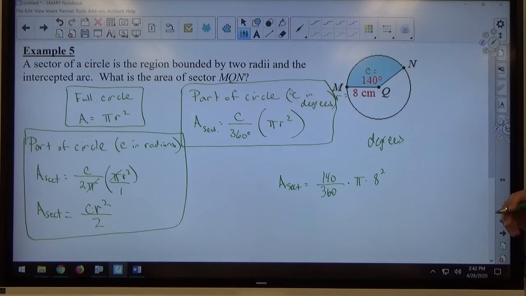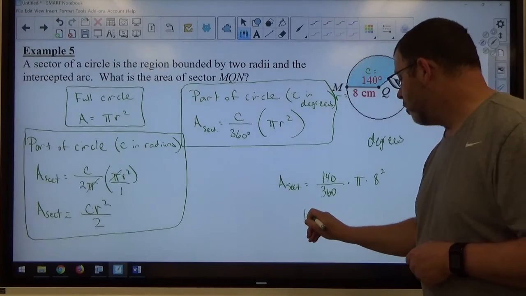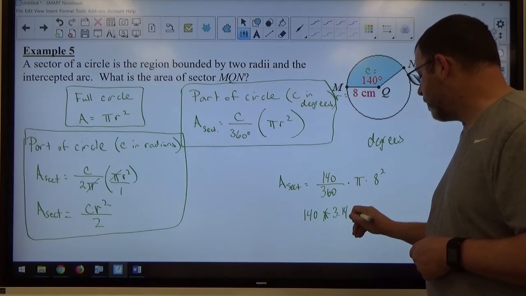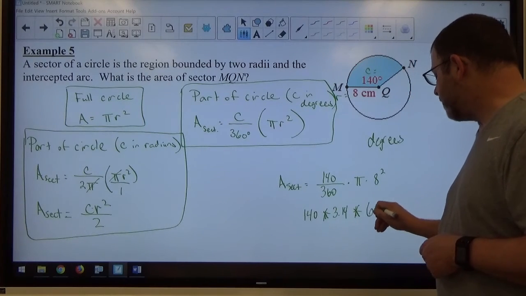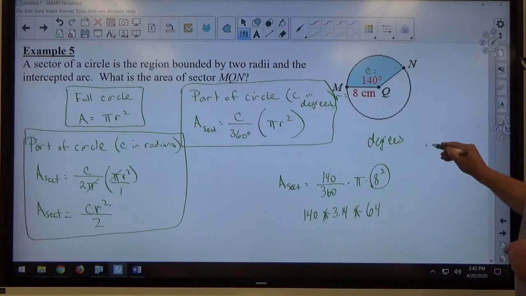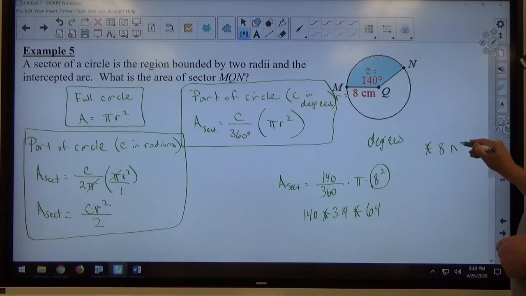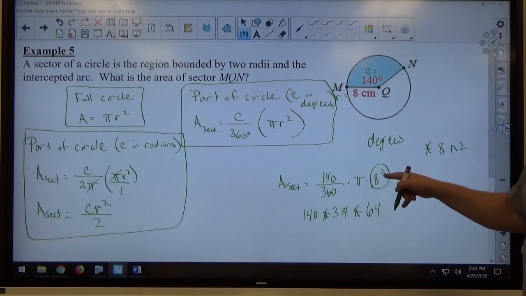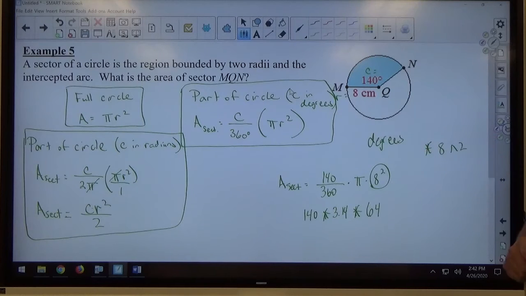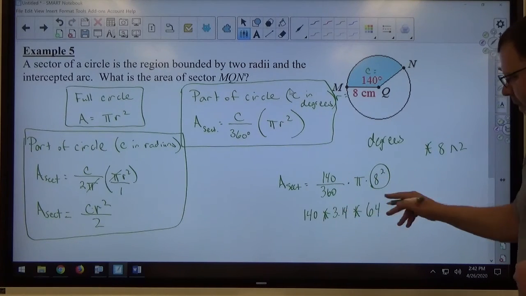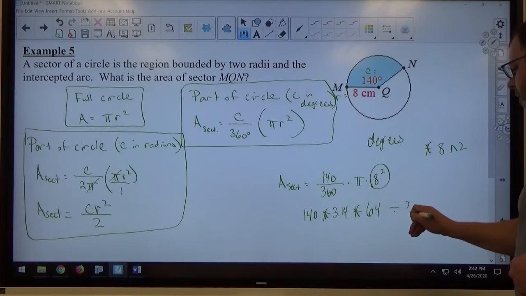Okay, if I'm typing this in a calculator, it's going to look like this. 140 times 3.14. Now I'm going to type times 64 since I can easily evaluate 8 squared. I could also do times 8 caret 2. The calculator knows how to do either one of those. But if it's easily squared, I usually square it so I don't have to worry about any powers when I'm typing it in. That's all the top stuff being multiplied, divided by the bottom, 360.